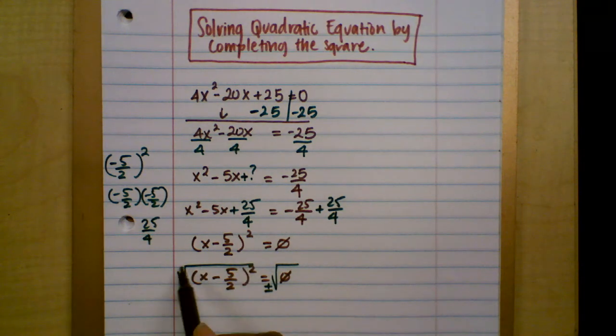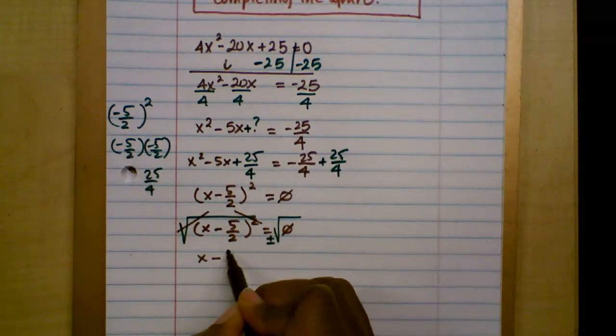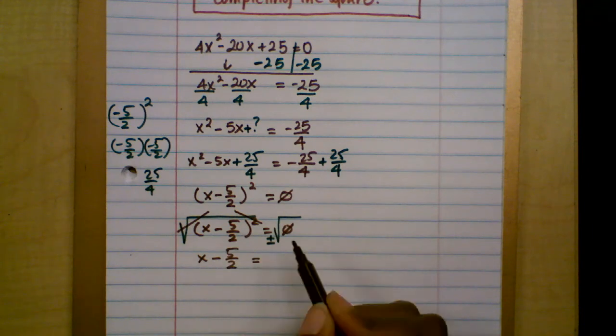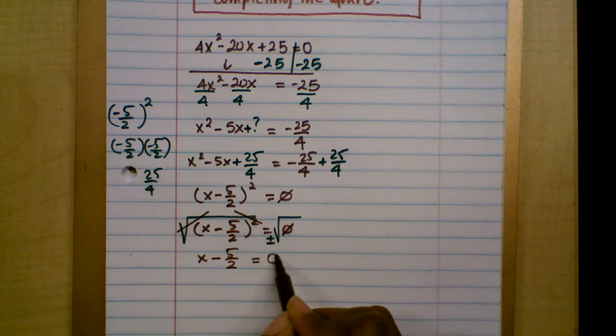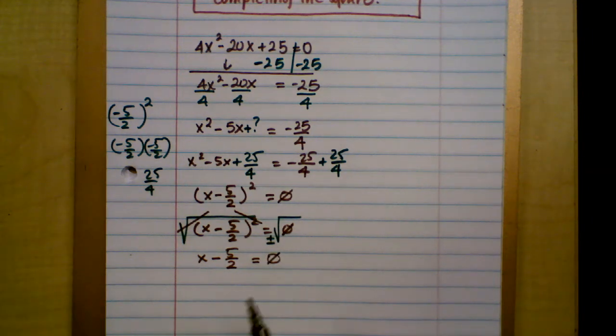The square root undoes the square, so you're left with x minus 5 over 2 equal to plus or minus 0, and 0 is neutral, so it can be just 0. You don't need the plus and minus for 0, but still, it's two numbers, plus 0 and minus 0 is 0.